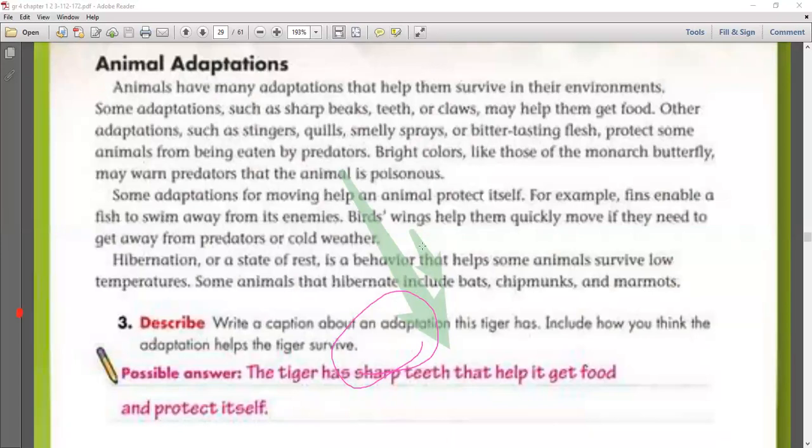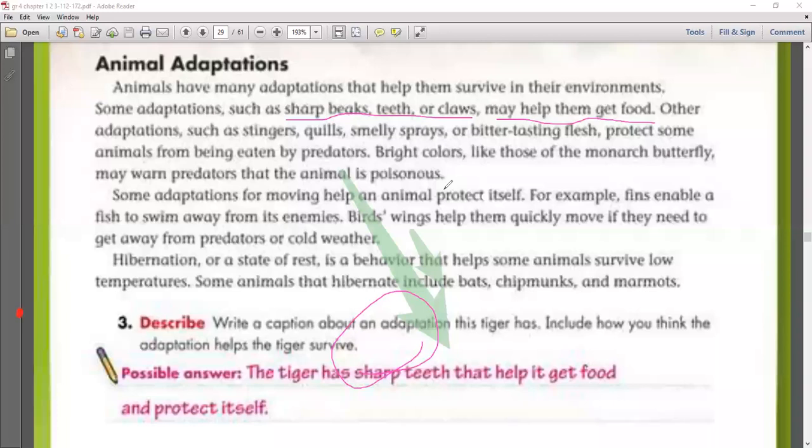We'll talk about animal adaptation. Many different colors, different tools like claws or something like this, help animals for food. Put it underline. Sharp teeth and claws may help them for food. Other adaptations such as smelly spray.